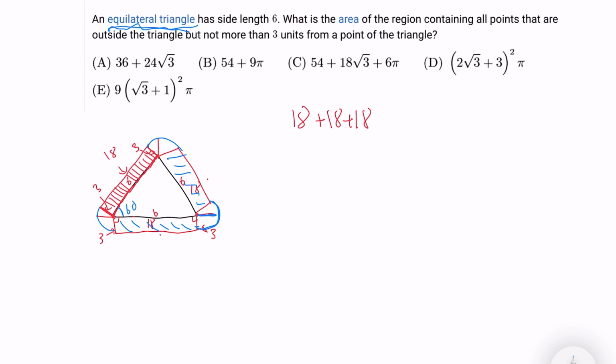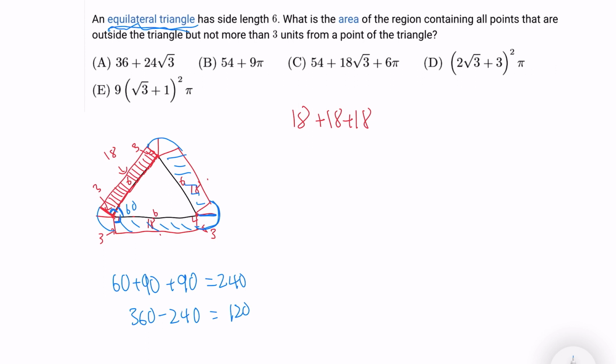And as I mentioned earlier, these angles are all 90 degrees because I drew the lines perpendicular to the side length of the triangle. So this is 60, then 60 plus 90 plus 90 gives us 240. Then we can use 360 minus 240, which gives us 120.